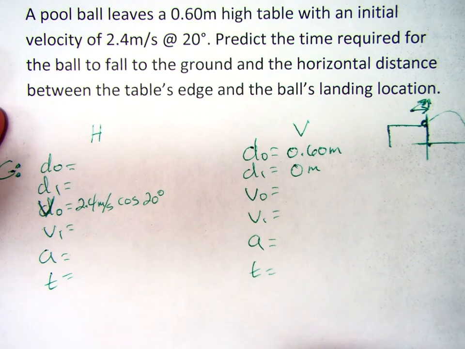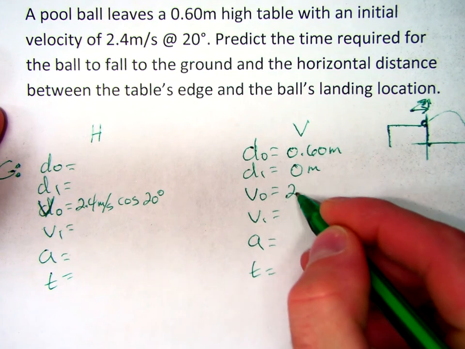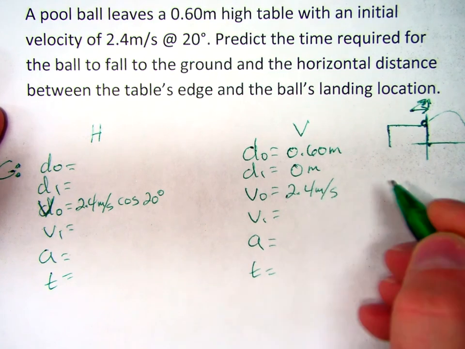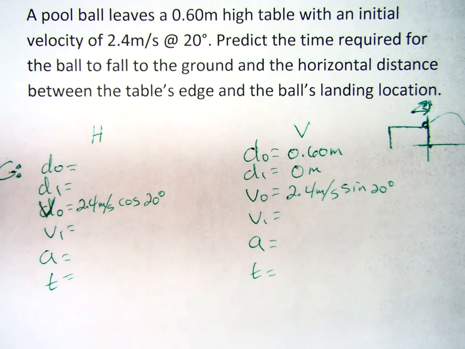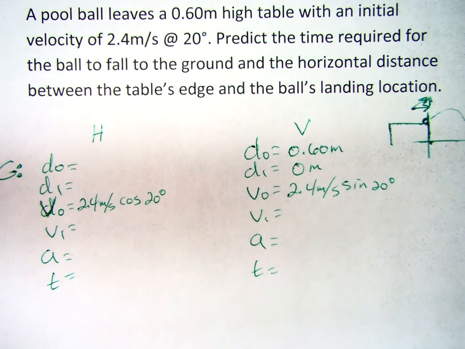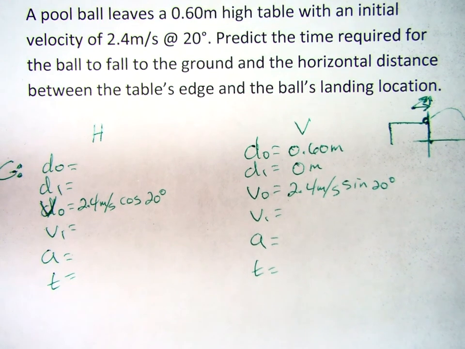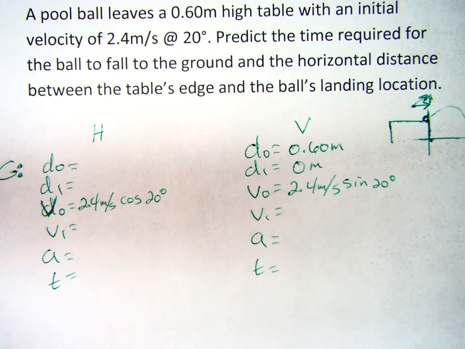And my vertical component of the velocity is 2.4 meters per second times the sine of 20 degrees. So if you put that into your calculator, we take 2.4, and then we take the cosine of 20 degrees, and we find the product of those two numbers, you get 2.26.